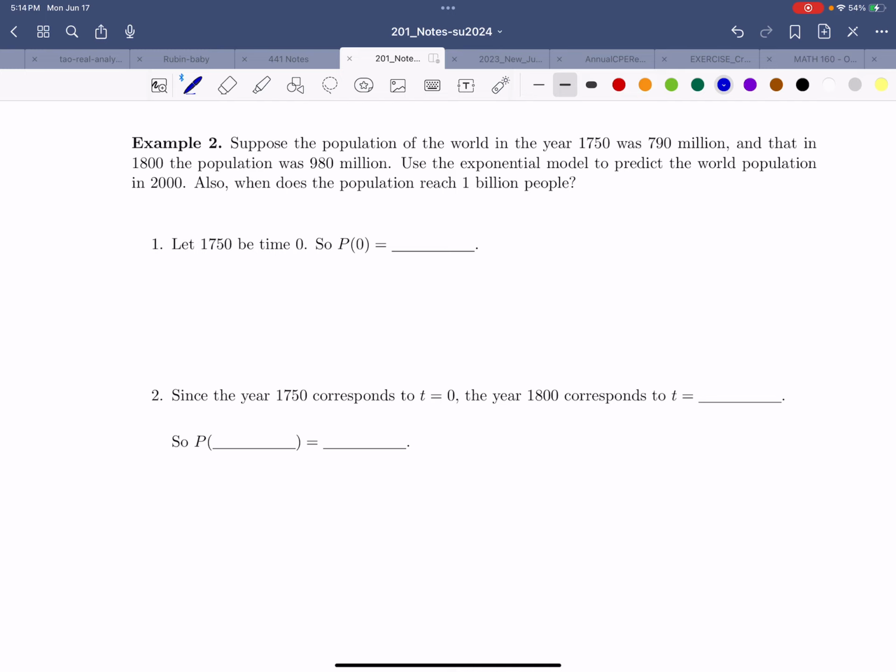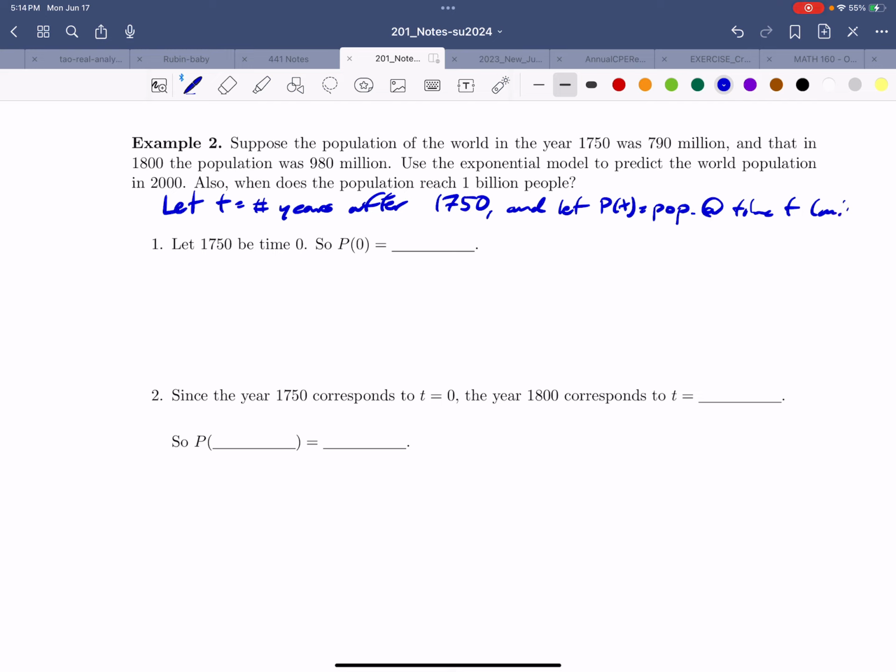So as always, we want to let 1750 equal time 0. We want our initial observation, the time of that initial observation, to be time t equals 0. So let t equal the number of years after 1750, and let P of t equal the world population at time t.